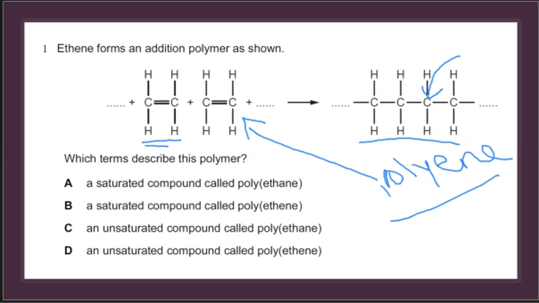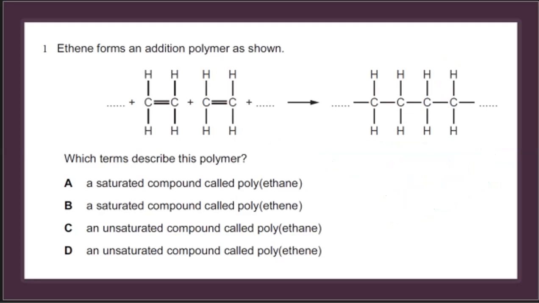But it takes the name of the ethene, the alkene, even though there are only single bonds present inside of them, as you can see there. So this compound is actually a saturated compound called polyethene. Saturated because there are only single bonds present inside of this structure here.